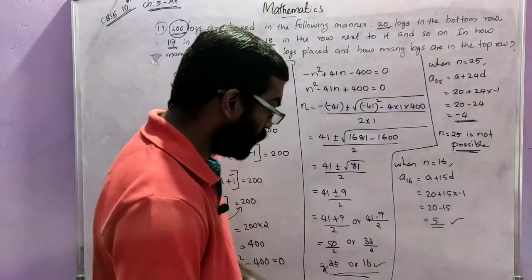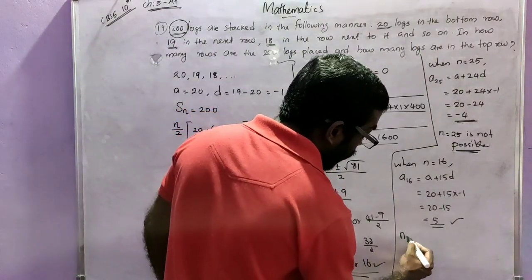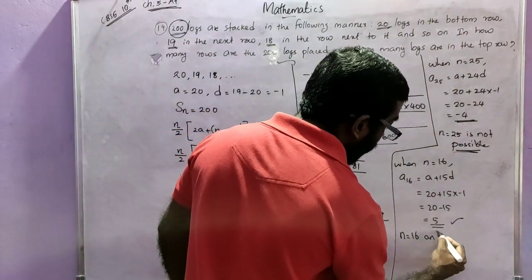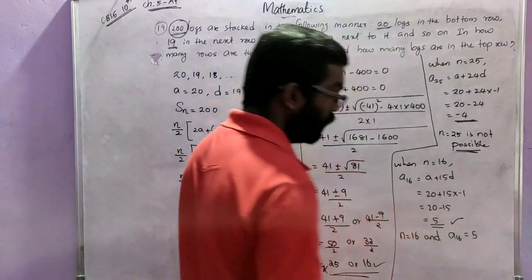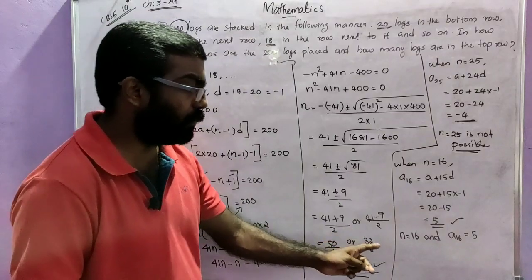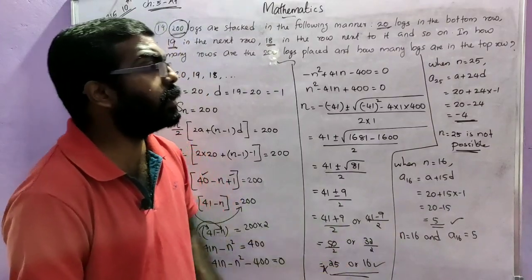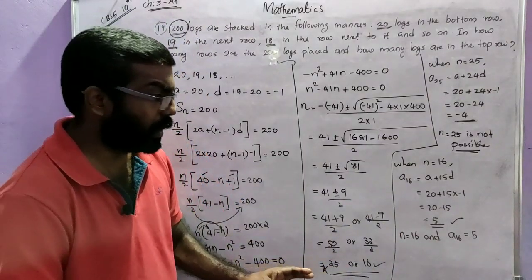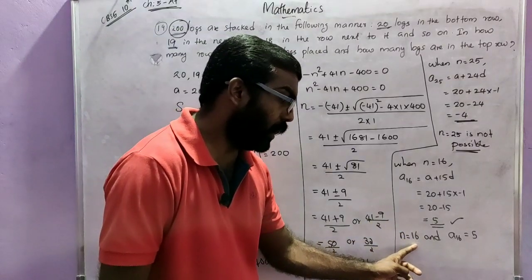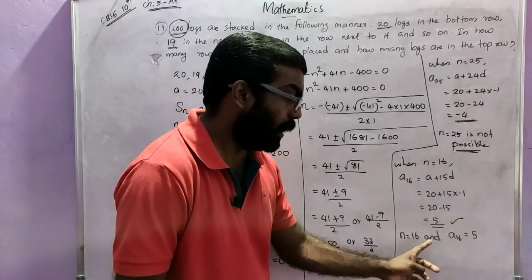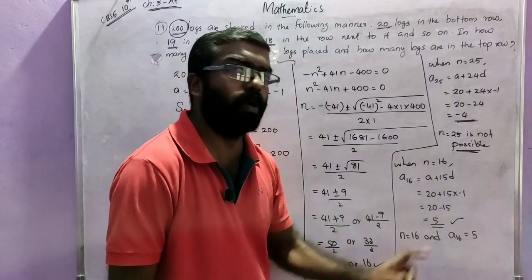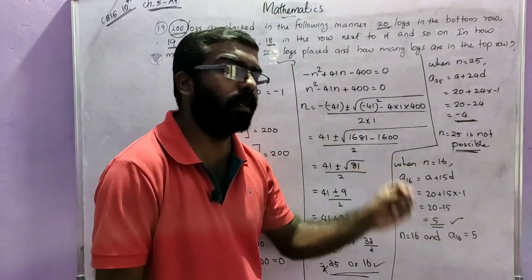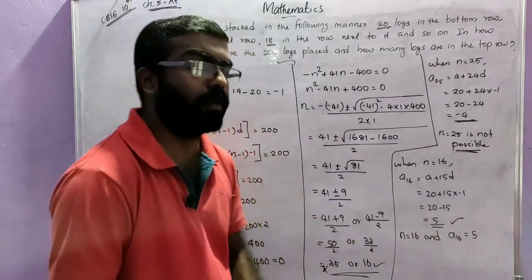Okay. So now we got n is equal to 16 and a16 is equal to 5. N means the number of rows. So the number of rows is 16 and the number of logs on the top row, top row means the 16th row, will be equal to what? 5.